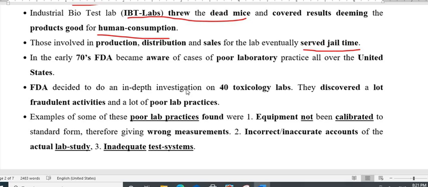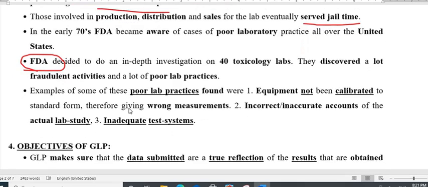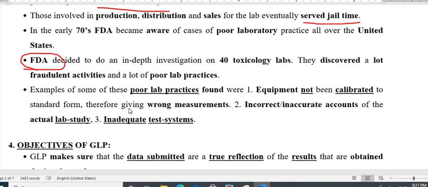The United States Food and Drug Administration also framed laws particularly concerning GLP, and introduced them in the year 1979.